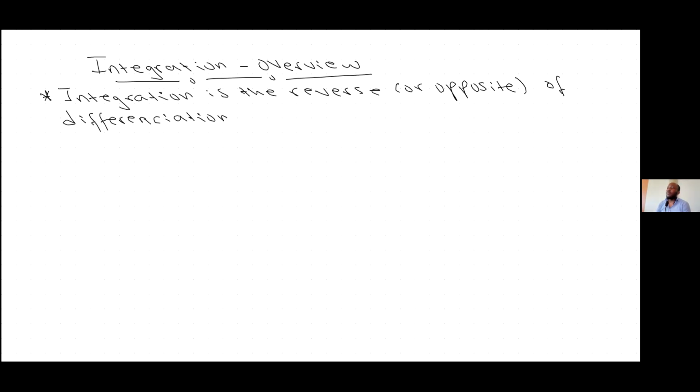Basically, what I'm saying is that an integration is going to undo a differentiation. Integration will undo a differentiation.